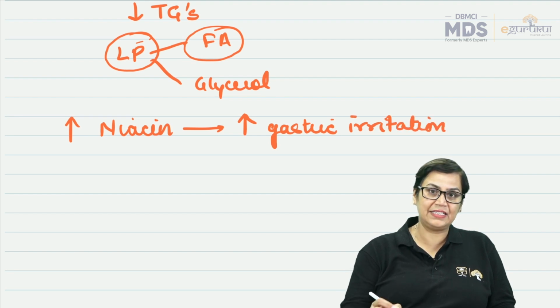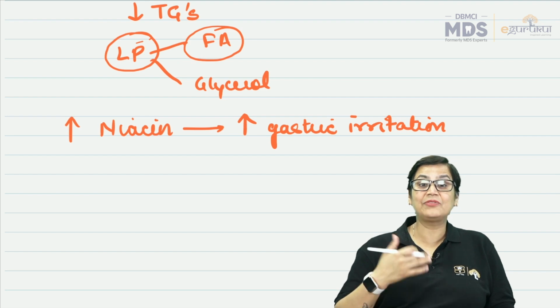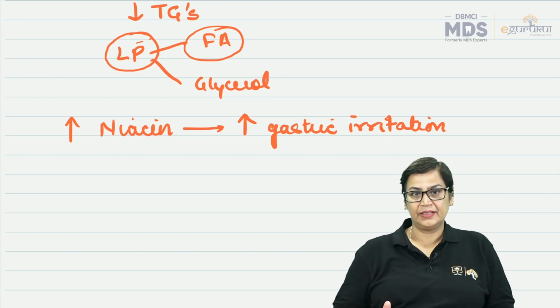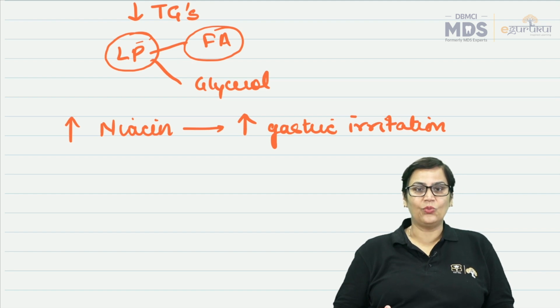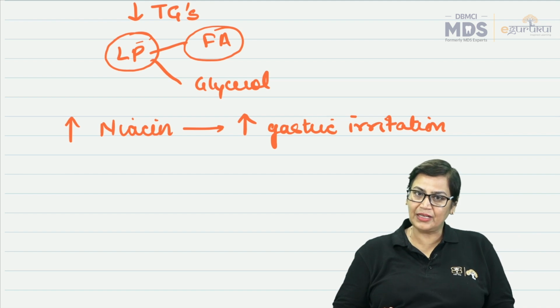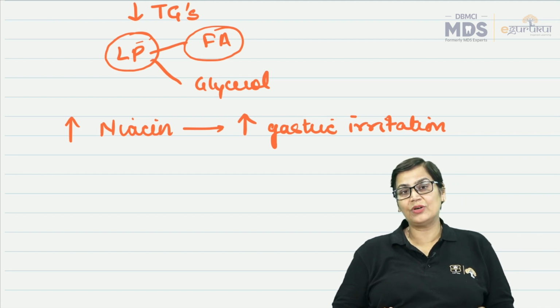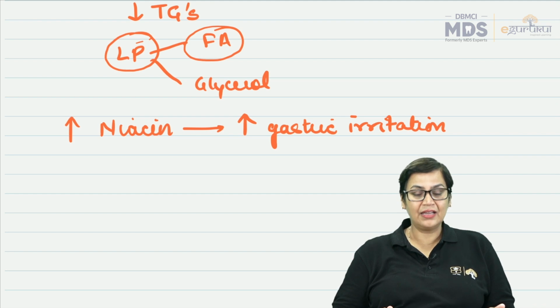It increases the acidity, and sometimes leads to flushing also. Clear? So this is vitamin B3, niacin, an atypical vitamin. The most important question asked on this is that 60 milligram of tryptophan is required to synthesize 1 milligram of niacin.